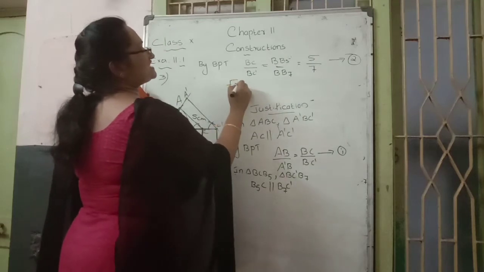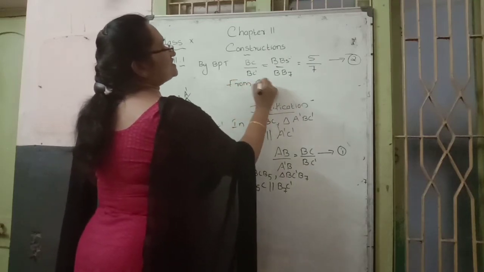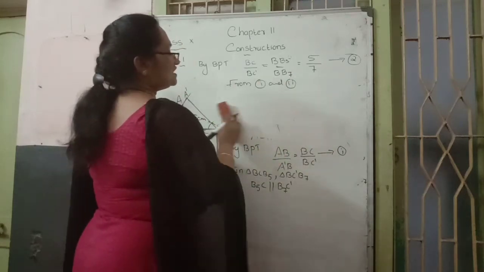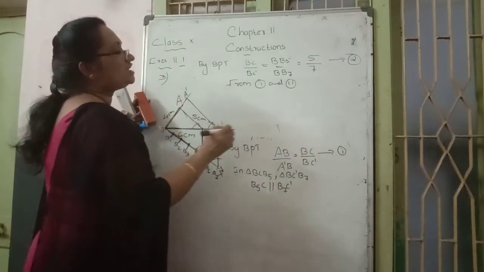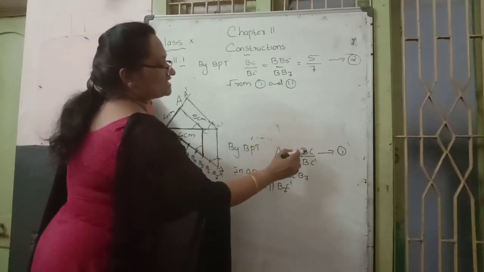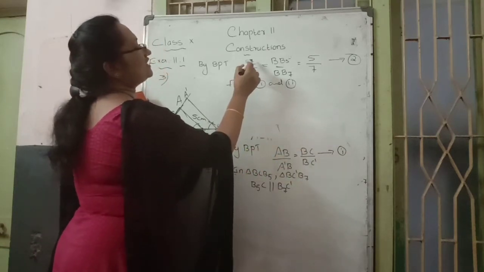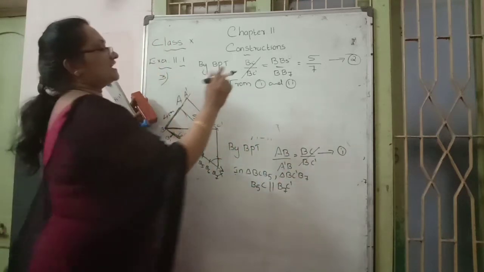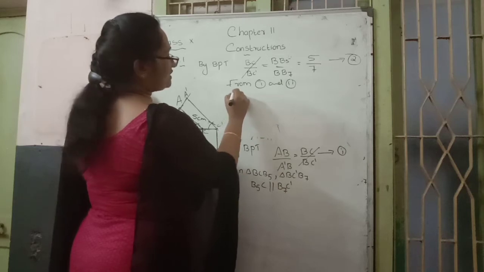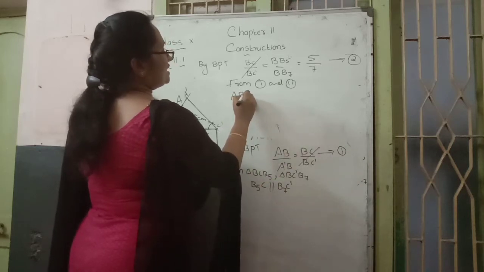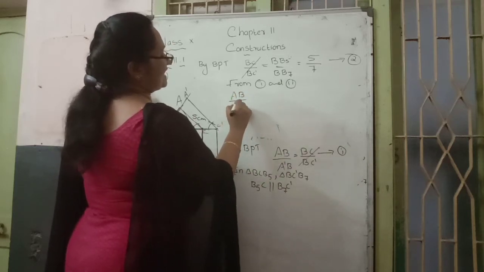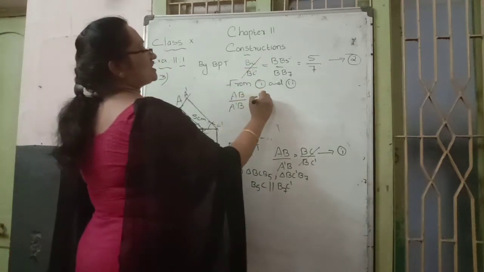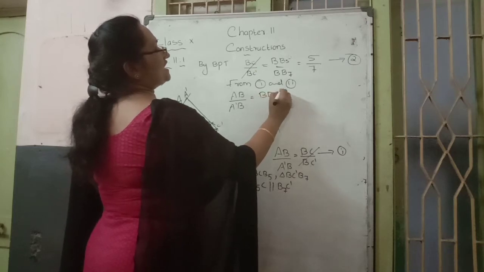Then compare the first and second equations. See, both of them have BC by BC dash, so they cancel. Leave it. The remaining part we write together. In the first equation the remaining ratio is AB by A dash B, and that is equal to the remaining ratio of the second equation, B5 by B7.